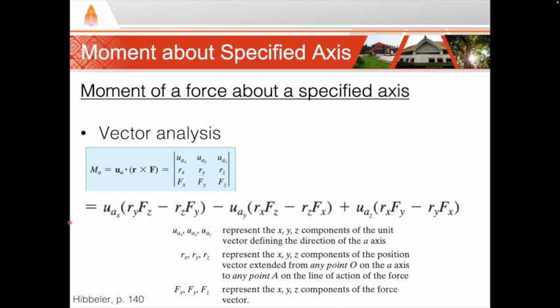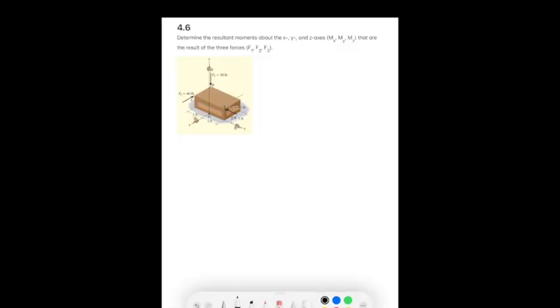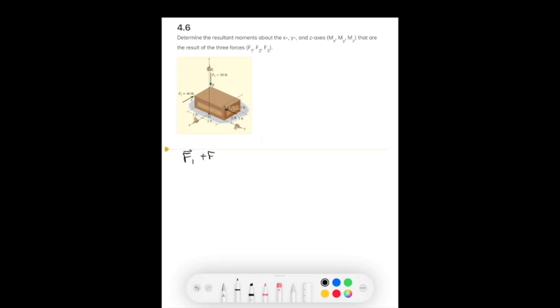Let's look at some examples. In this example, we have three forces that are acting on this box. We have force 1, force 2, and force 3. What we're asked to find is the resultant moment around each axis.